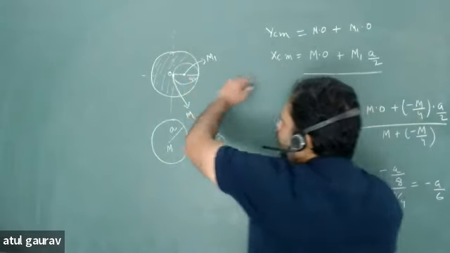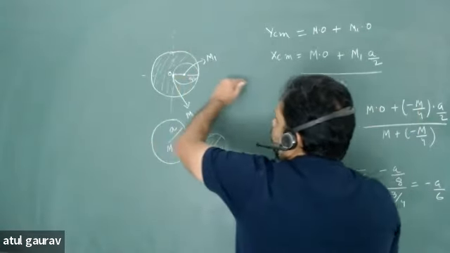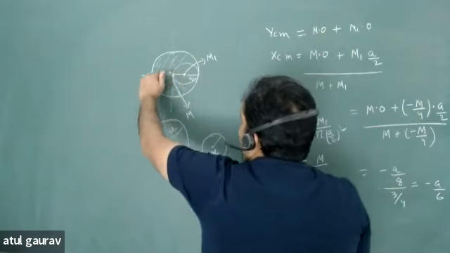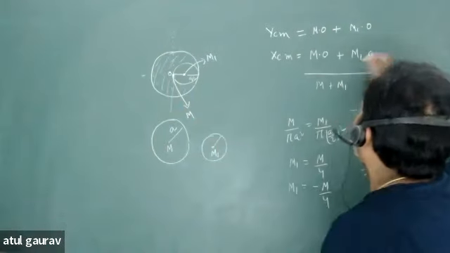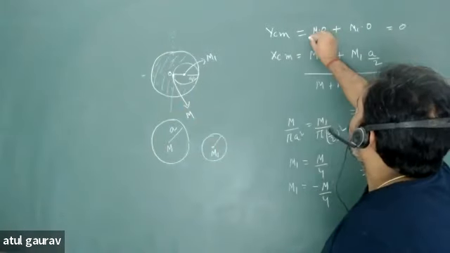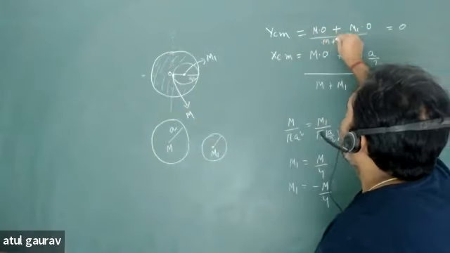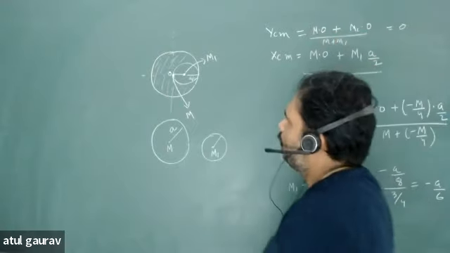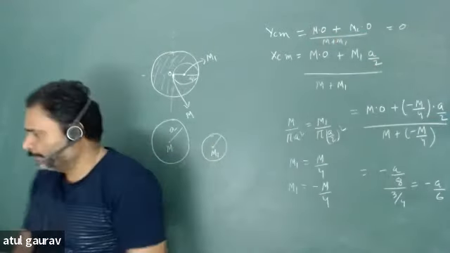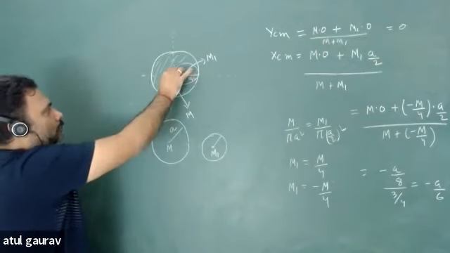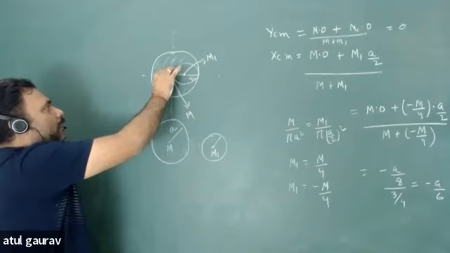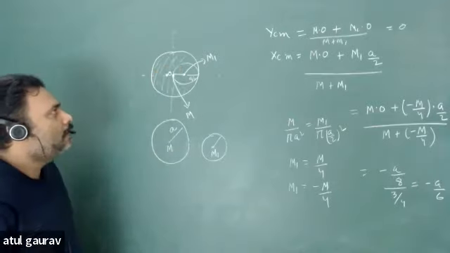This is set up so that it is along the x-axis, we are taking the common center line as the x-axis. So this value is equal to obviously 0. So where is your center of mass actually? So it is minus a by 6. It is on the negative side. So here is your center of mass, and it is very logical also.